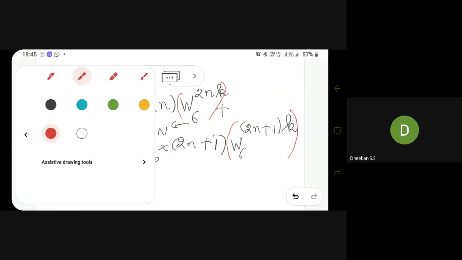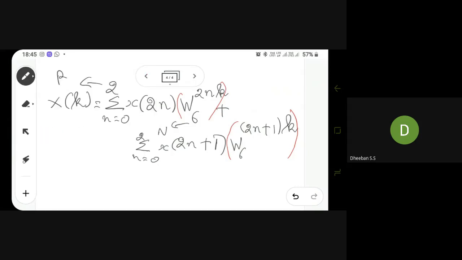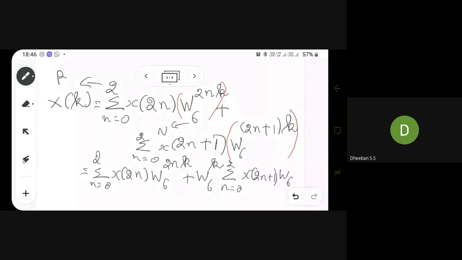So this becomes summation n equal to 0 to 2 of x of 2n W6 2nk, plus W6 of k into summation n equal to 0 to 2 of x of 2n plus 1 into W6 2nk. The first term is the same, but here there's a 2n plus 1, so you have to define it.